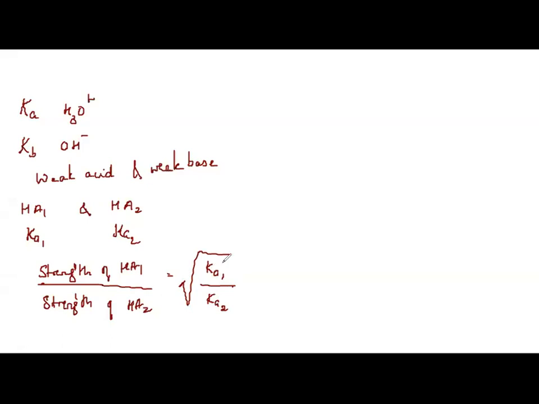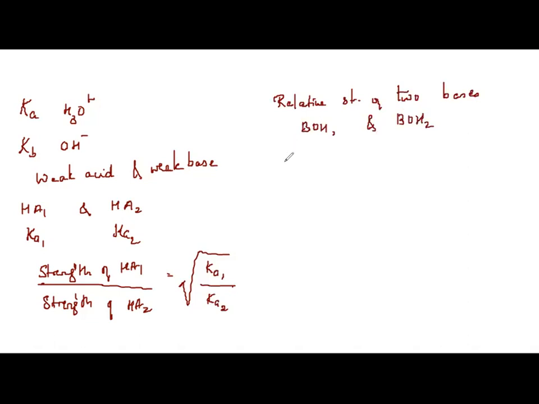Similarly, if you want to compare the relative strengths, which is more acidic, which is more basic, take the relative strength of two bases. I can represent two bases as BOH1 and BOH2.